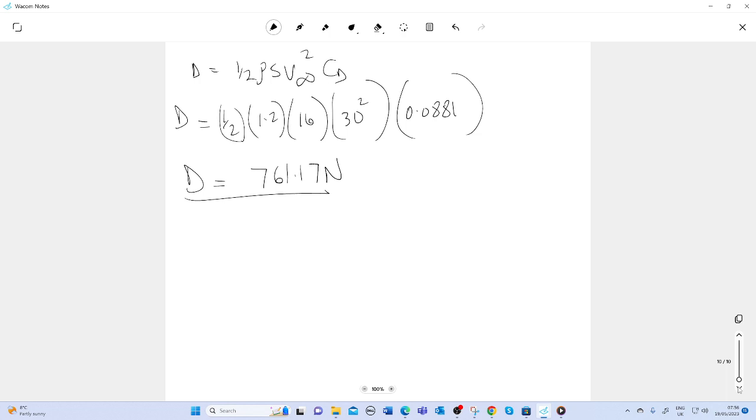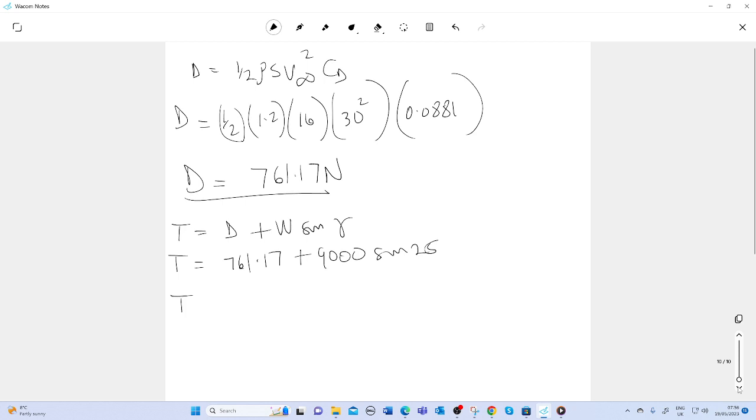Now, you can use the thrust formula, which is D plus W sine gamma, from the schematic of the flight diagram. So that gives us our thrust to be 761.17 plus, what was the weight? 9,000 sine 25.